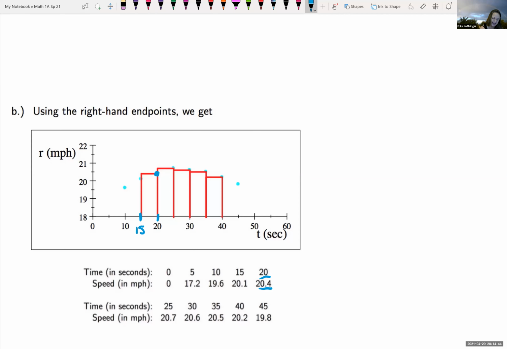The right-hand side of 25, that's the right-hand side, so it's the upper piece. So those are the heights of each of our rectangles. And again, that change in x, that base, because we want it in terms of hours, is 5 over 3,600.